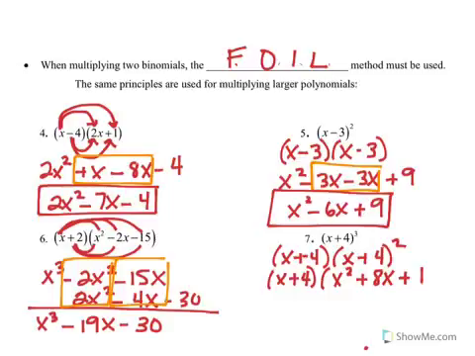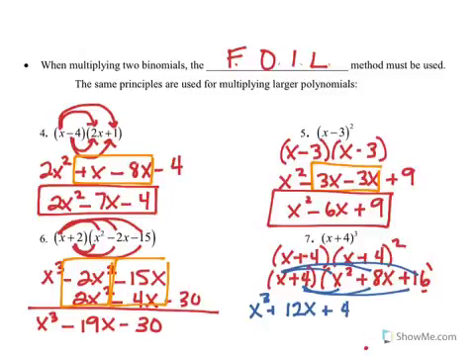So I'm going to be distributing this guy. I'm going to first multiply everything by x, then everything by the 4. And when I multiply this whole thing out, I end up with x cubed plus 12x squared plus 48x plus 64.